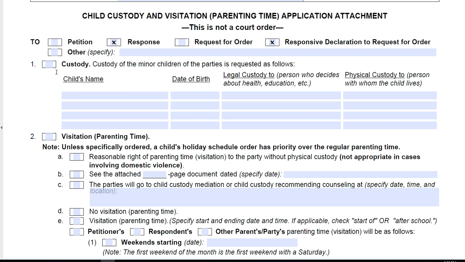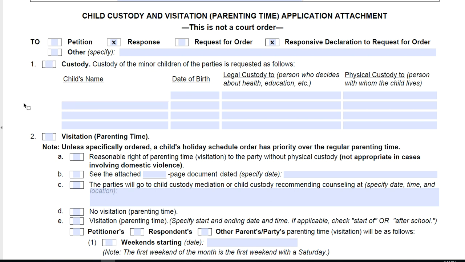So if you are requesting that the court make an order regarding custody, then check the box for custody.